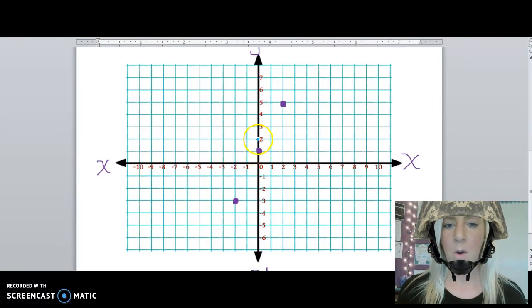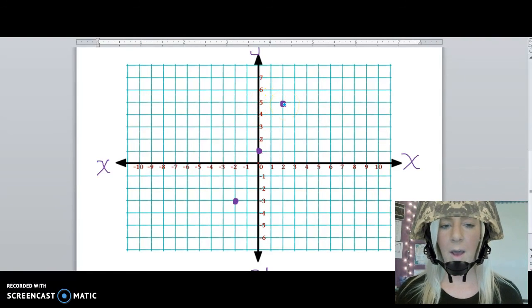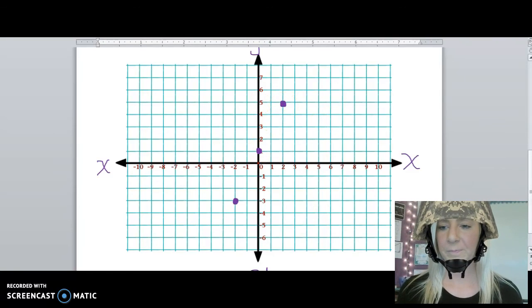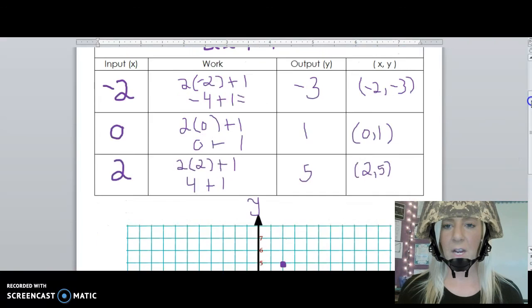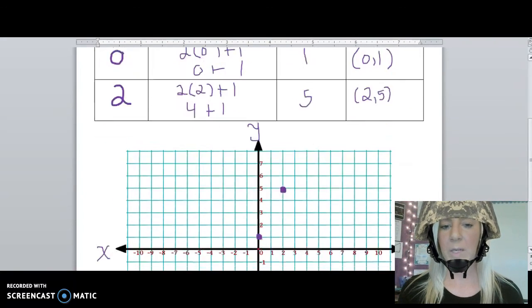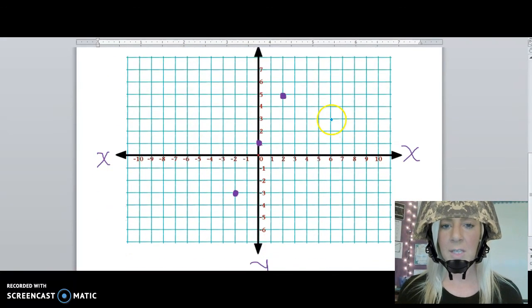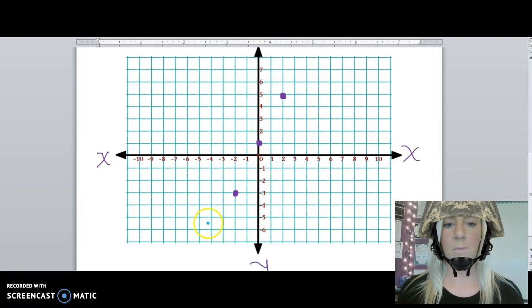Rise another 4, 1, 2, 3, 4 over 2, 1, 2. Would you look at that? Going back to our last unit, all these functions have a constant rate of change because they are linear functions, meaning the function forms a straight line.